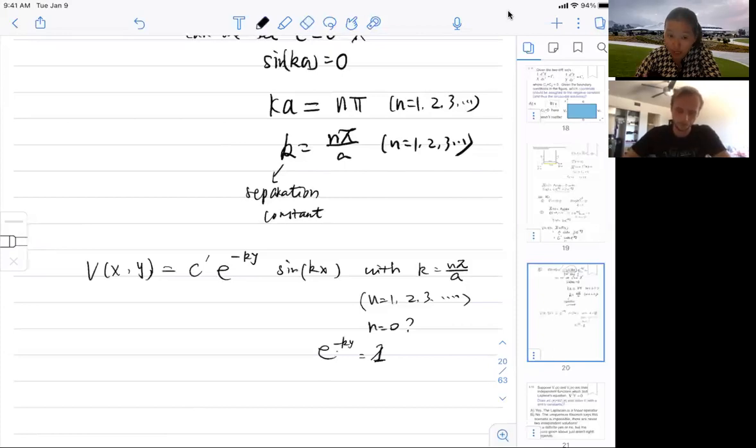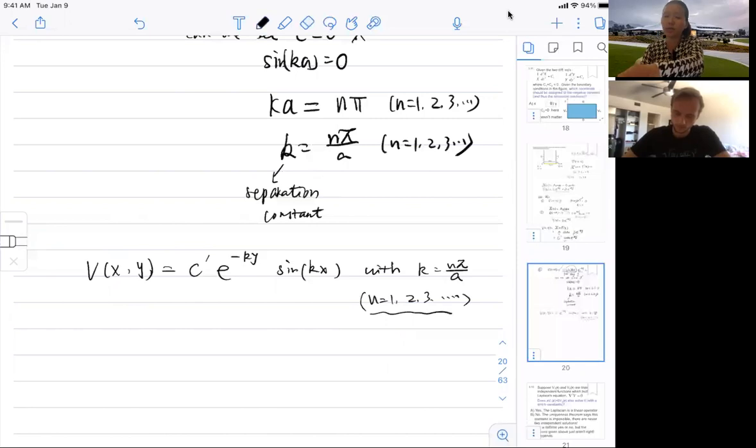And that's not okay because you need v to be 0 on the left and right-hand side of the wall and on the bottom some other value. So if v is everywhere the same constant, that's not going to satisfy those boundary conditions. So n is 0 is not okay, right? You eliminated that during the process. That's why we only write 1, 2, 3, and so on. So this is our solution we got so far.